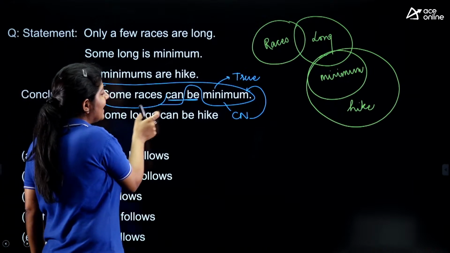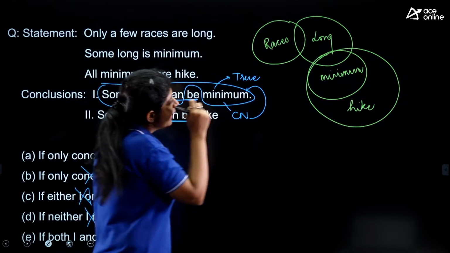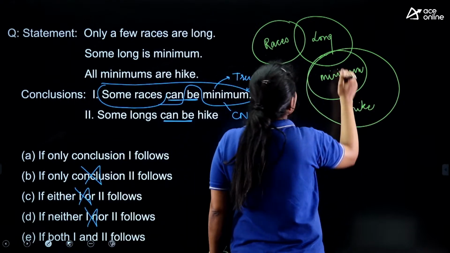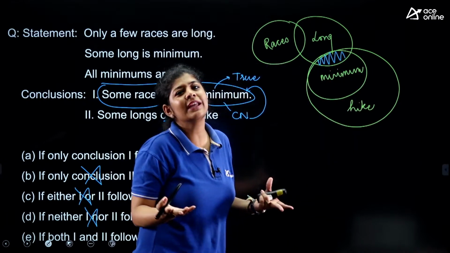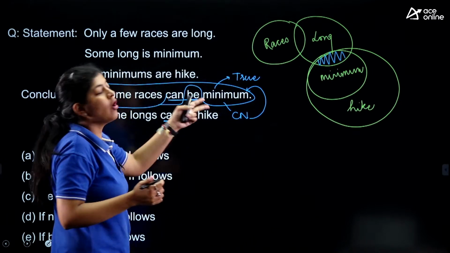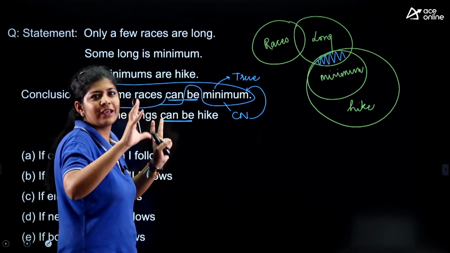Second, some longs can, again, there's a possibility. Here we can see a common part. So we can surely say that yes, some longs can hike or there is some part of long is hike.